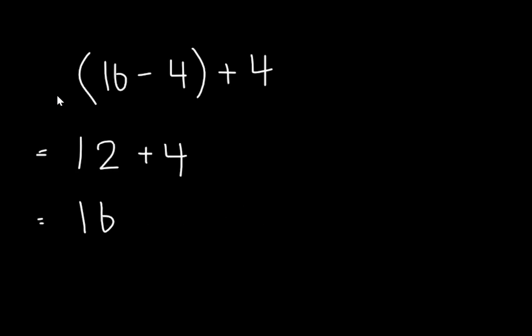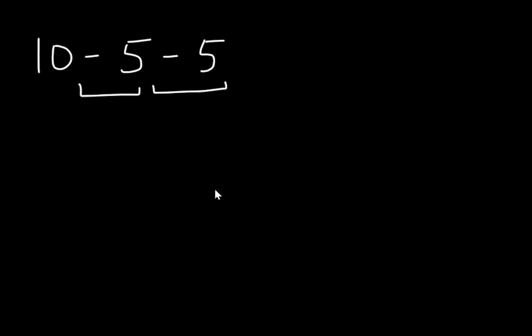So you have to realize that addition and subtraction are at the same level. So you can take away those parentheses. However, you have to realize that each is its own term. For example, minus 5 minus 5. You have to realize that each minus 5 is its very own term.